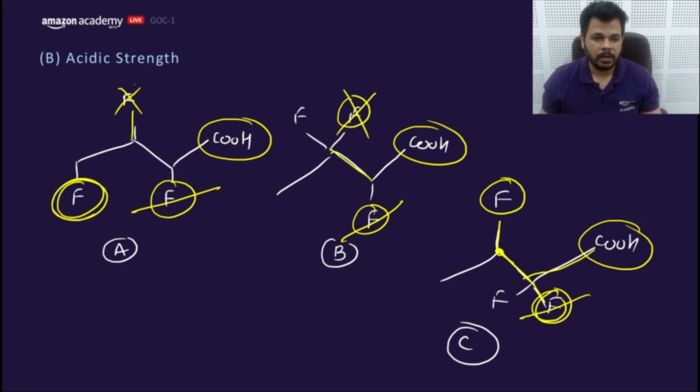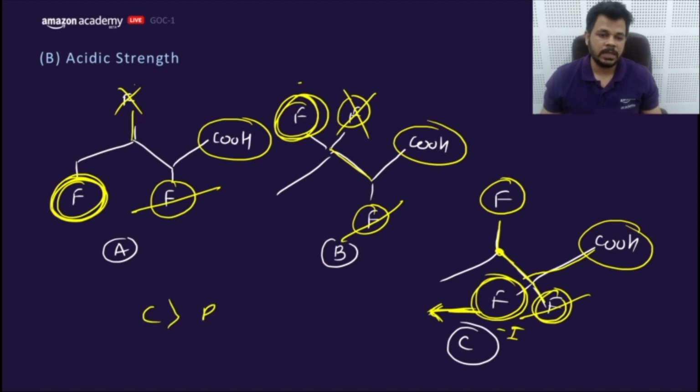The remaining fluorine will show the resultant effect, and considering these remaining fluorines, this shows more near effect. That means minus I of this fluorine would be more compared to this, and that means the answer would be C, B, and then A. Very good.